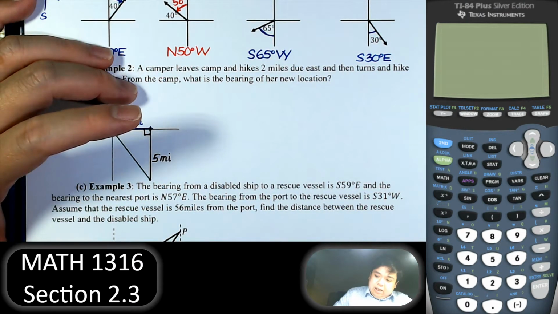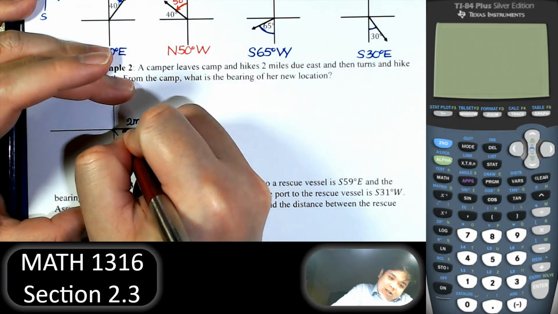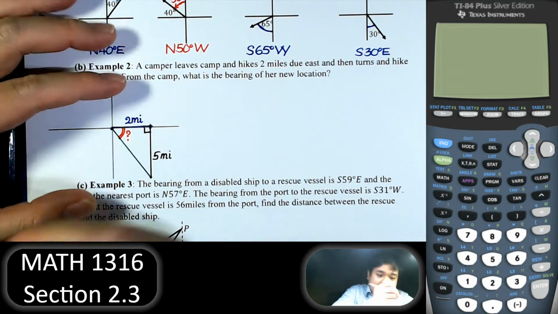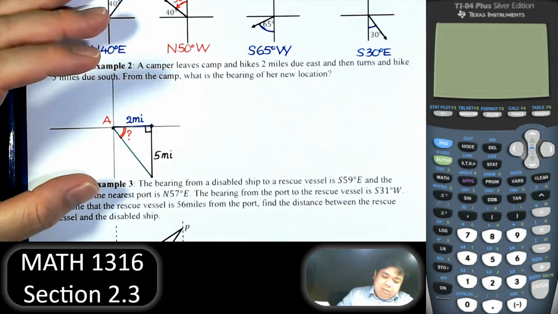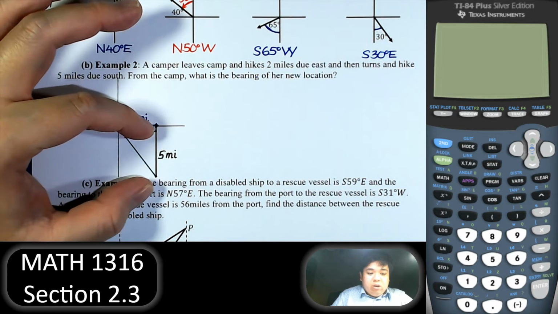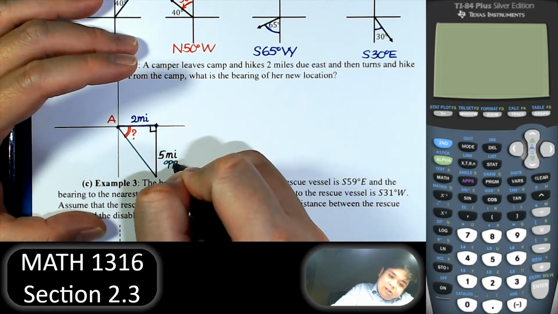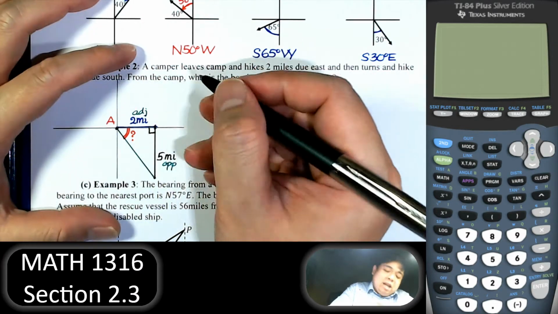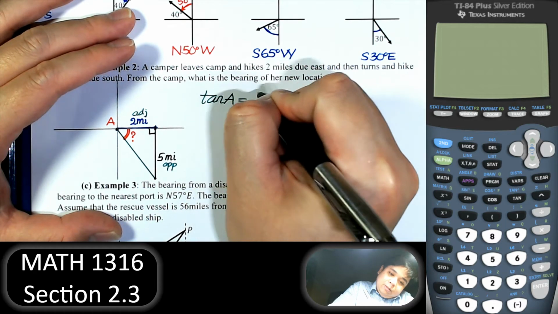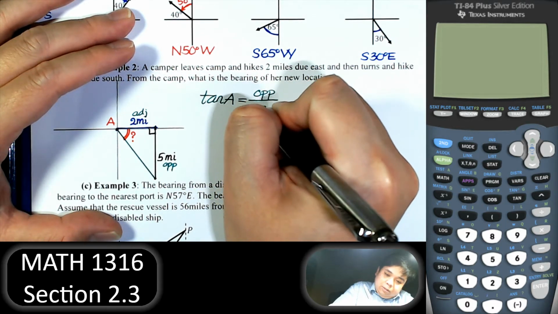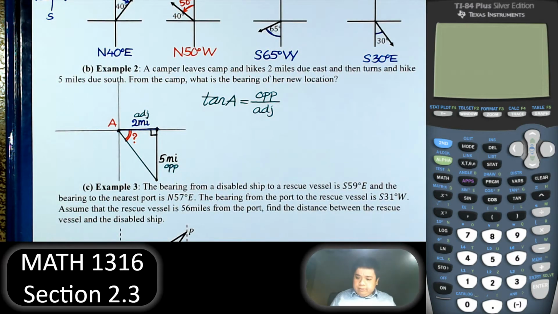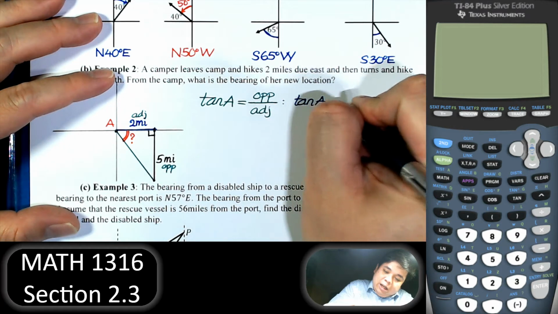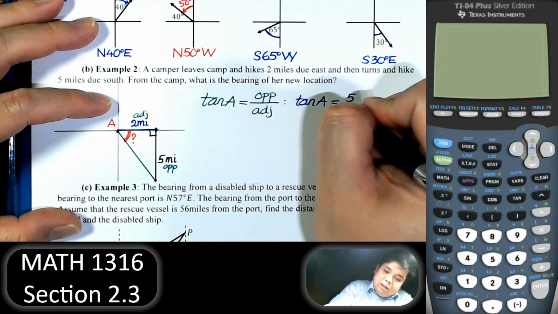I will try to find this angle here, and let's say this is angle A. With respect to angle A, 5 miles is opposite to angle A and 2 miles is adjacent to angle A. So opposite, adjacent, that's tangent. Tangent of angle A is opposite over adjacent.